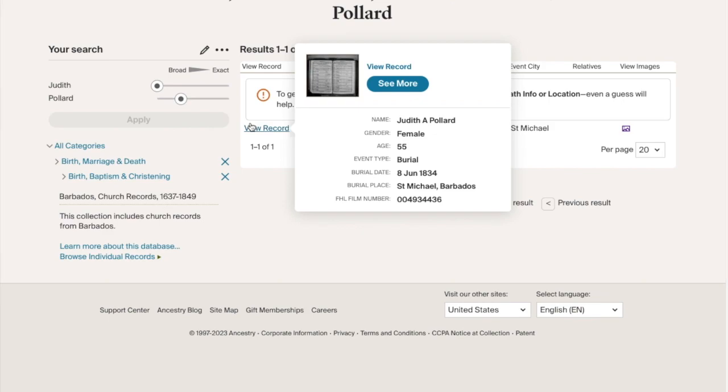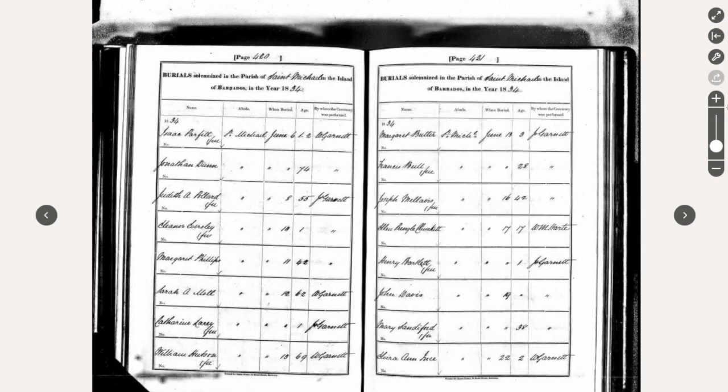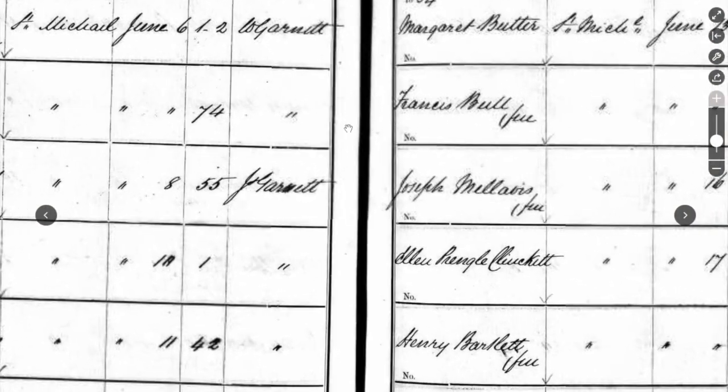This might not actually be the correct wife because this might be somebody who was owned by the family previously. My reason for suspecting that is that this Judith Pollard says that she's a FM, which means she's a free woman of color. And her age is a lot older than the man that died. So that seems more likely that she is somebody who had belonged to the family who passed away.